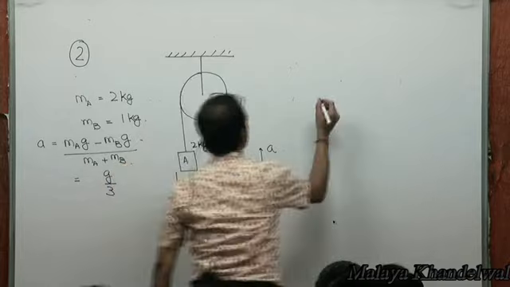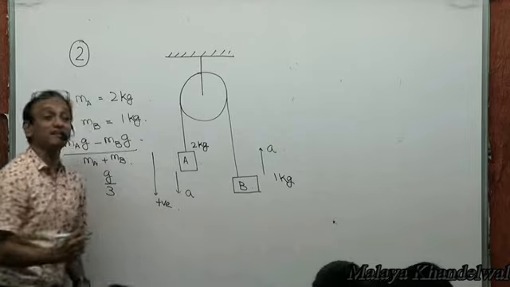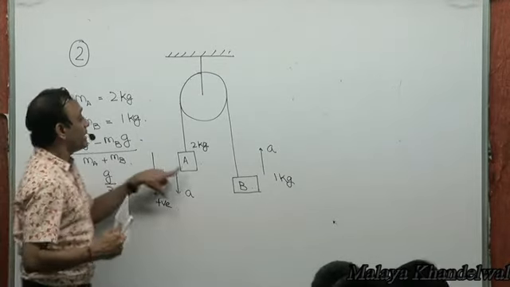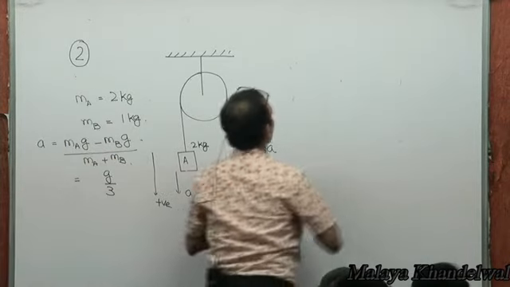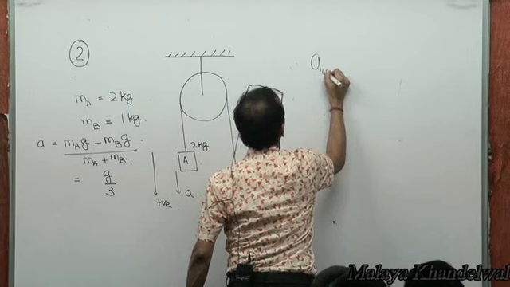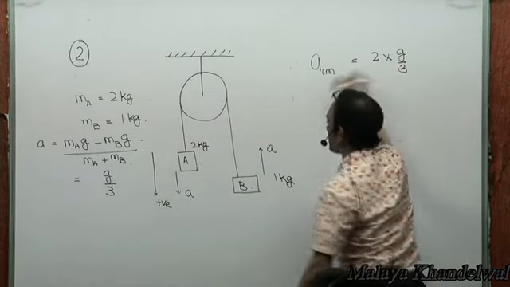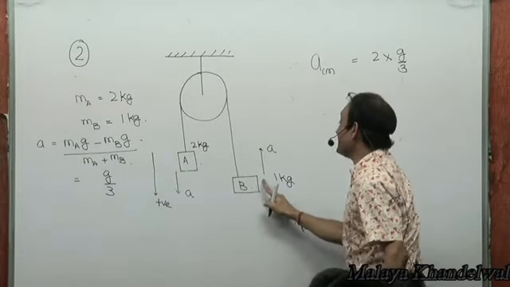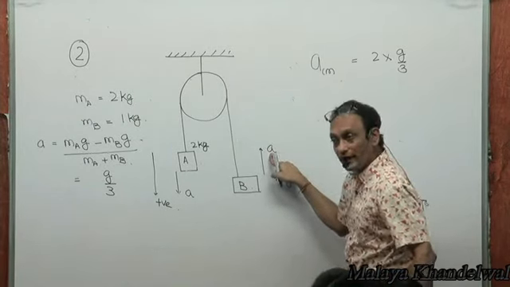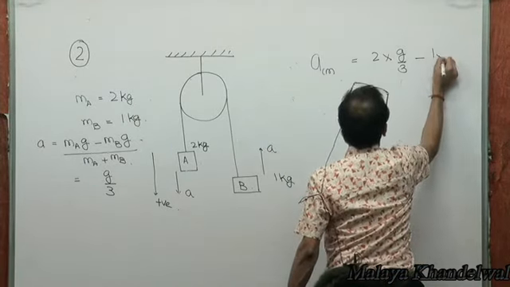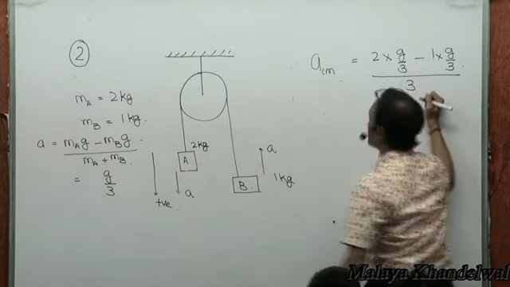So the acceleration of the center of mass, if I take downward positive and upward negative, is going to be (m1 a1 plus m2 a2) by (m1 plus m2). That is 2 into g by 3, I've taken this positive, minus 1 into g by 3, divided by 2 plus 1, m1 plus m2.